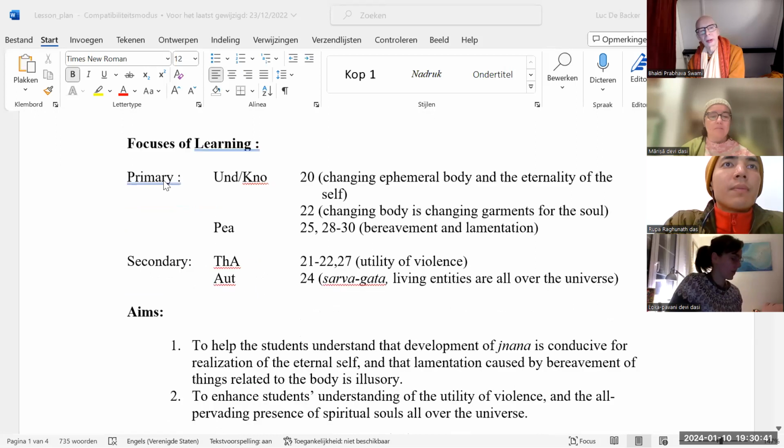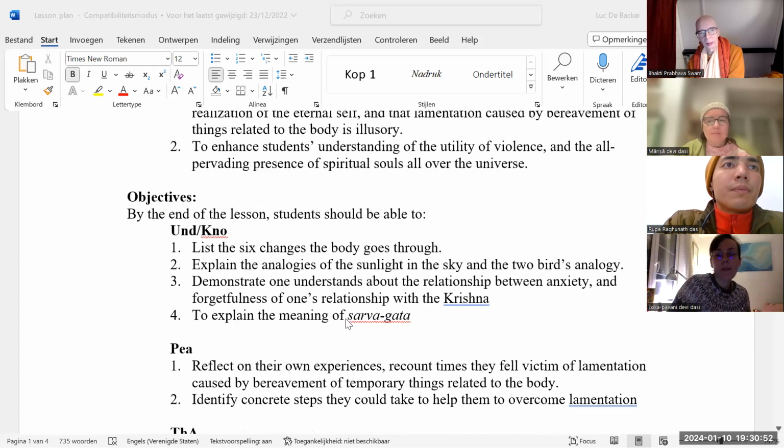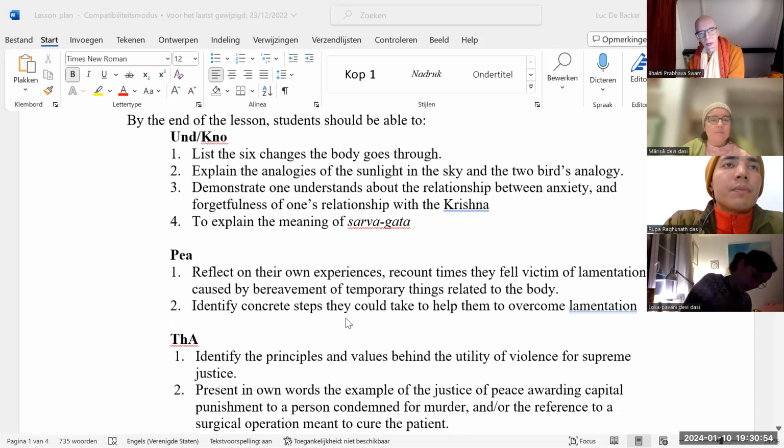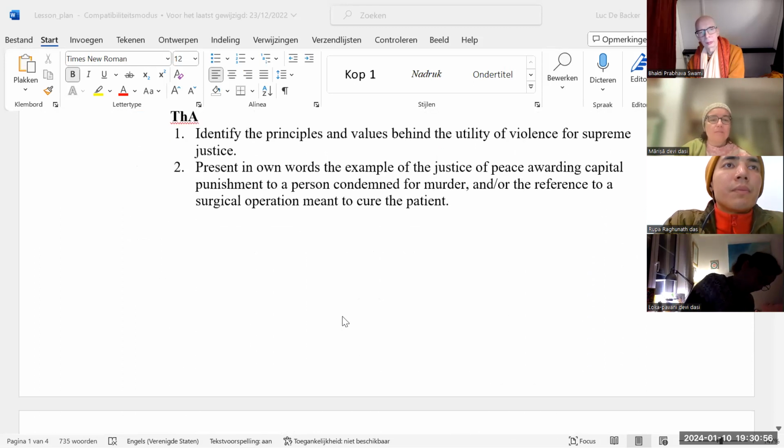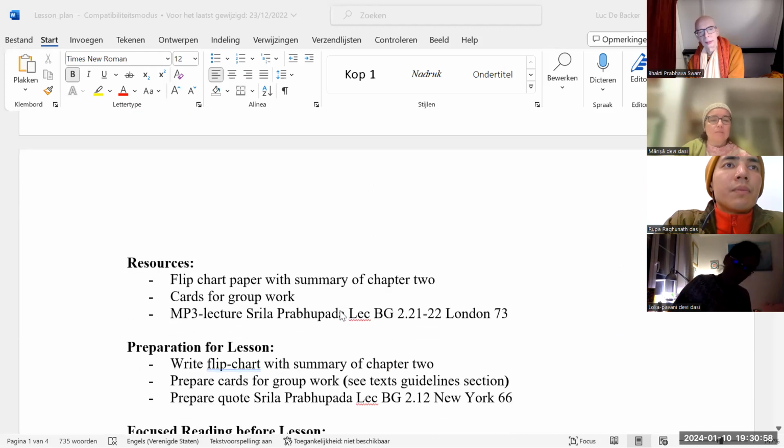So here, the primary and secondary focus of learning. You have these documents, and the aims are there, the objectives to reach. You need to explain them.